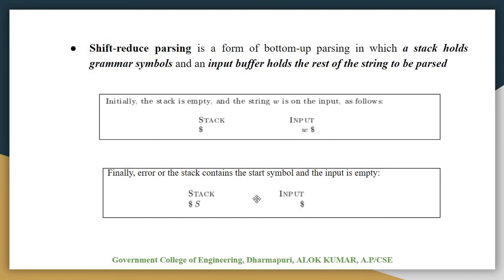If this situation occurs, then we can say the string is accepted by the grammar. Finally, the stack contains the starting symbol and the input is empty. If this is the situation, the string is accepted, else we will get an error.